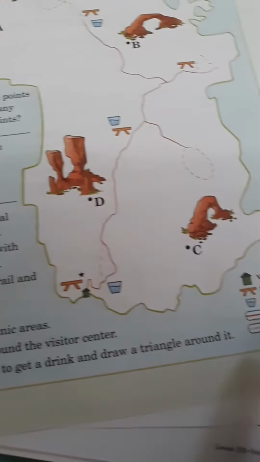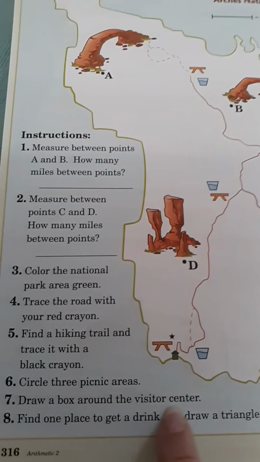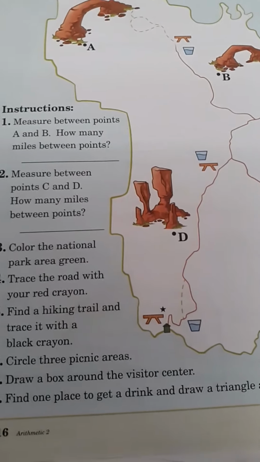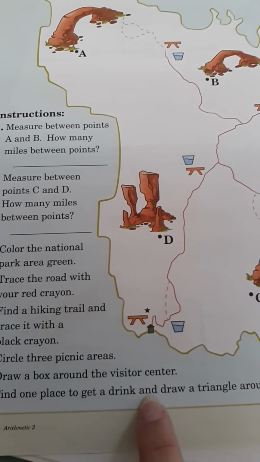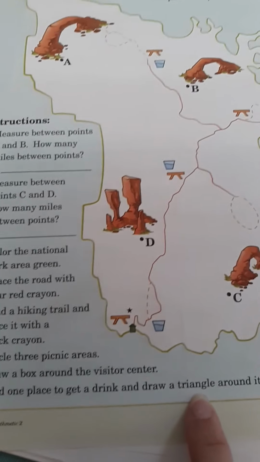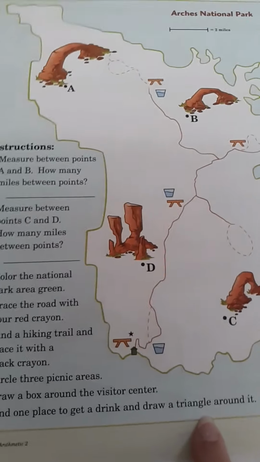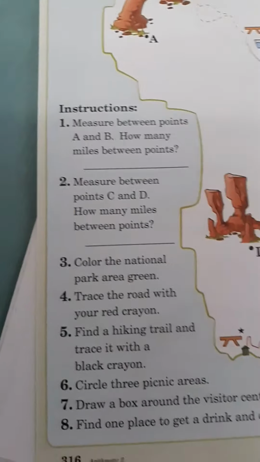Number 7, draw a box around the visitor center. Again, check the key in the corner. And then number 8, find one place to get a drink and draw a triangle around it. One place. So you can do all of them, but you only need to find one.